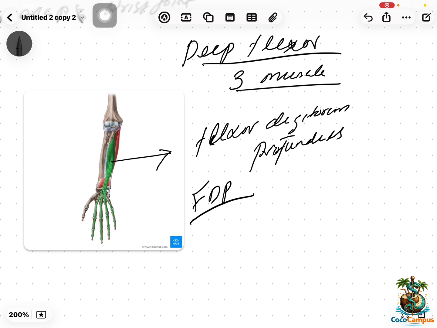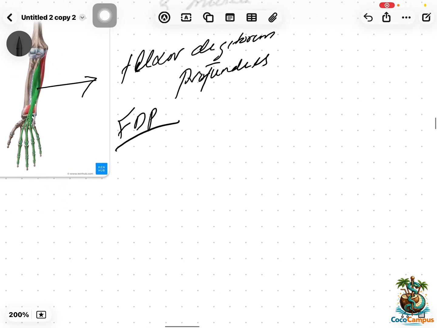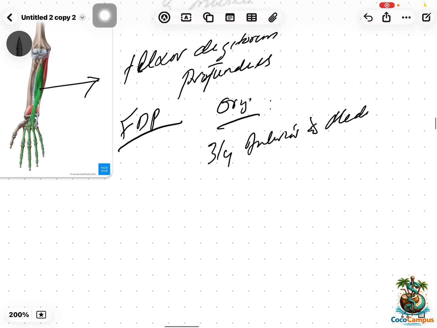Its origin is at the proximal 3/4 of the anterior and medial surfaces of the ulna and interosseous membrane. Once again, origin is at the proximal 3/4 of the anterior and medial surfaces of the ulna and interosseous membrane.